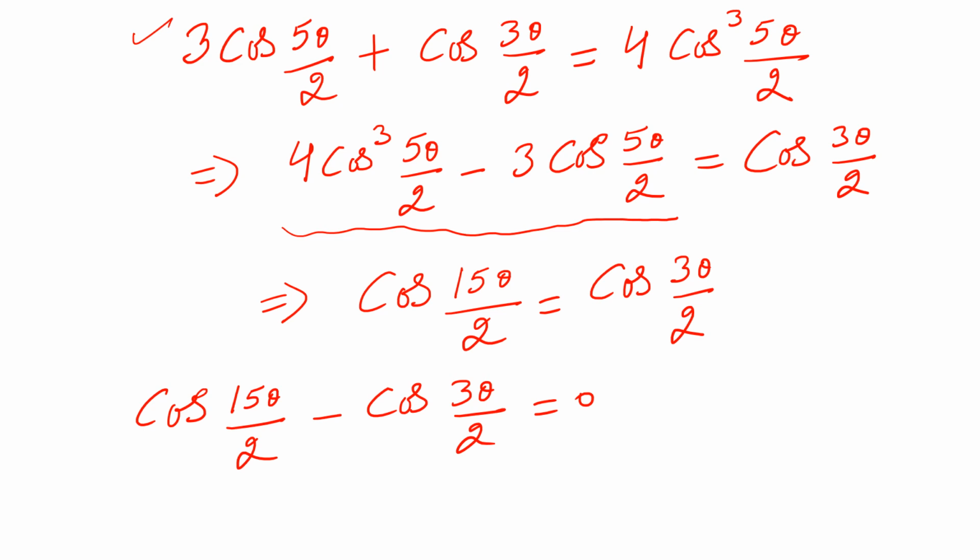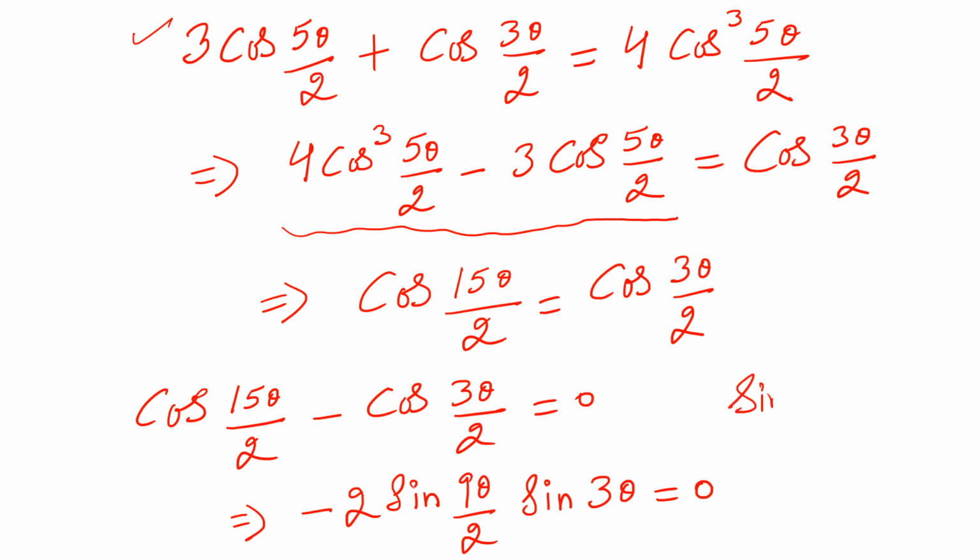You can also write this as minus 2 sine of c plus d by 2, that becomes 9 theta by 2, into sine of c minus d by 2, that becomes 6 theta by 2 or just 3 theta. Now students, from here we get either sine of 9 theta by 2 as 0, or we get sine 3 theta equal to 0.